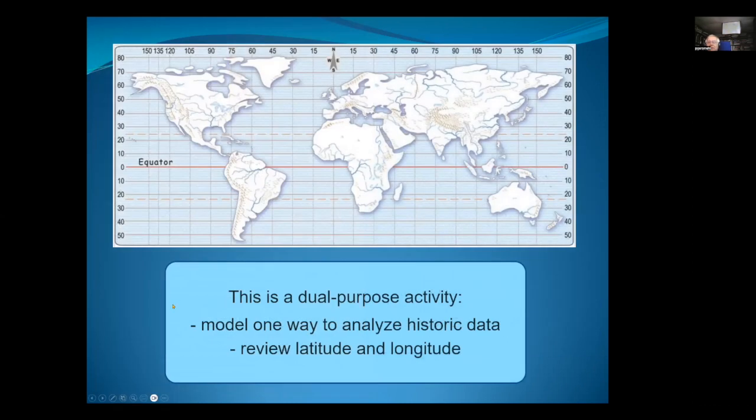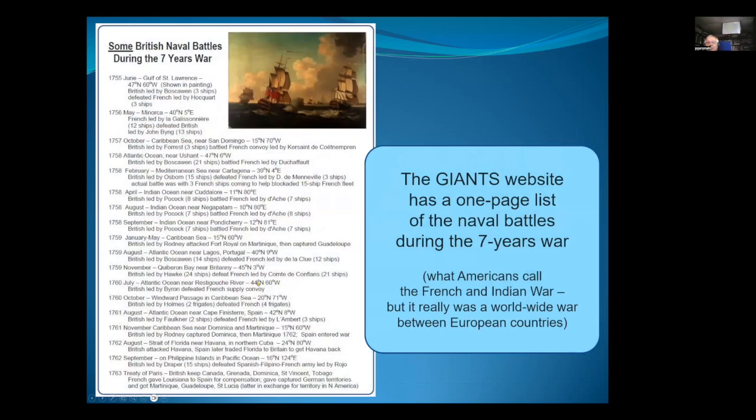And this is a dual purpose activity because about right now, you've got to review latitude and longitude as one of the geography skills that are in there. And I'm modeling one way that you can analyze historic data like that, that you could simply give that list to the students. If you notice the way the list was structured, it's got the latitude and the longitude of each one of these battles.